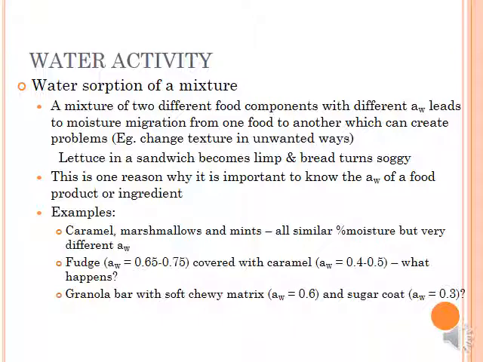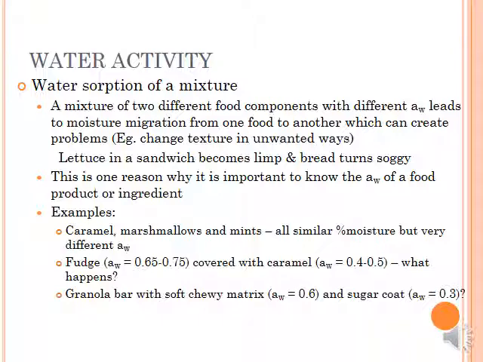Another example is when you mix cornflakes in the morning with milk. Once you mix, normally you eat it straight away, because if you leave it, the cornflakes will become very soggy and won't taste good.